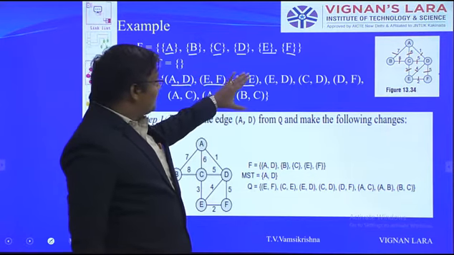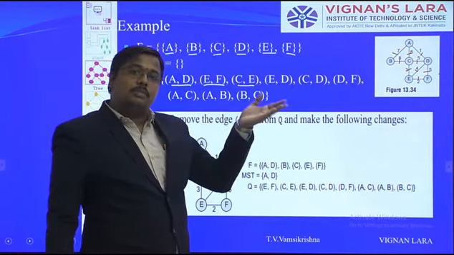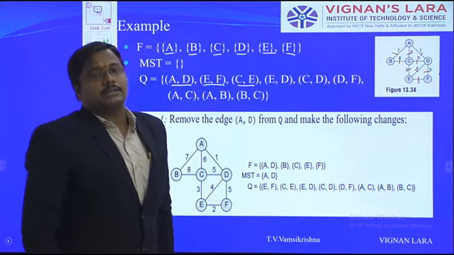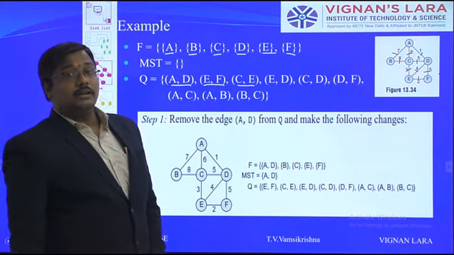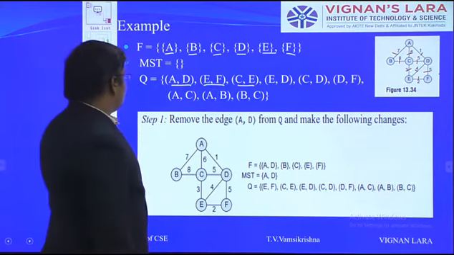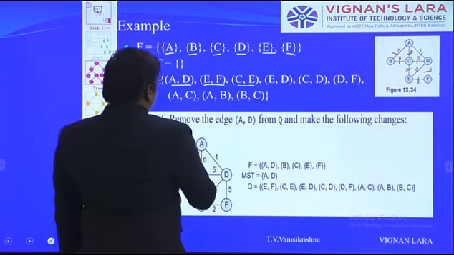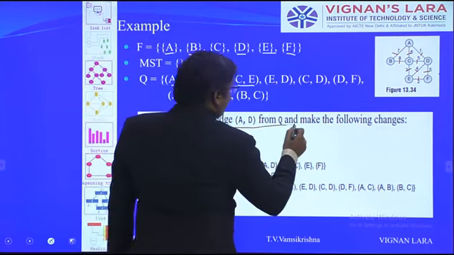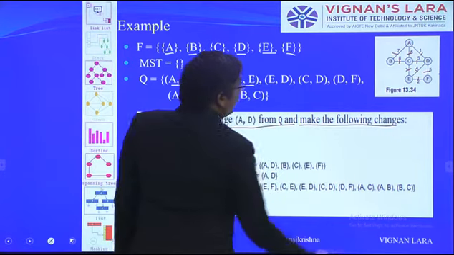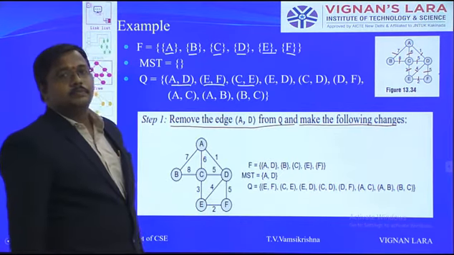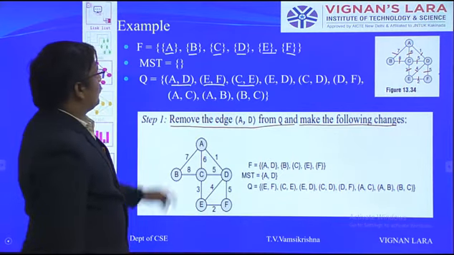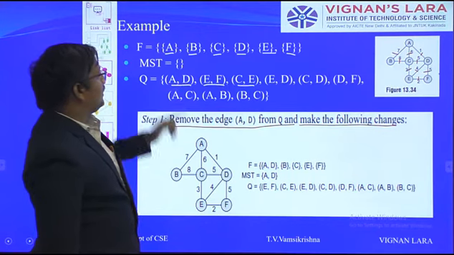So from this edges set, we want to select one by one the minimum cost edge. So first remove the edge A comma D from Q and make the following changes. Why are we selecting A comma D?